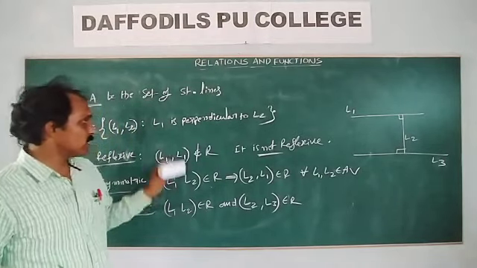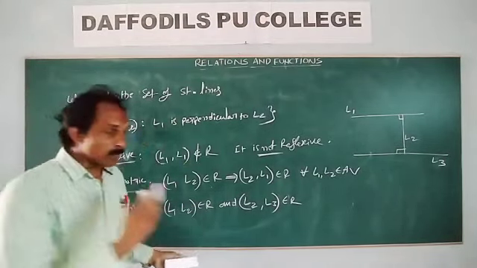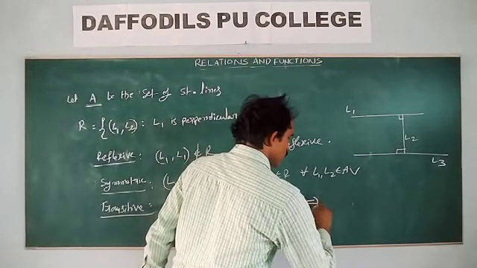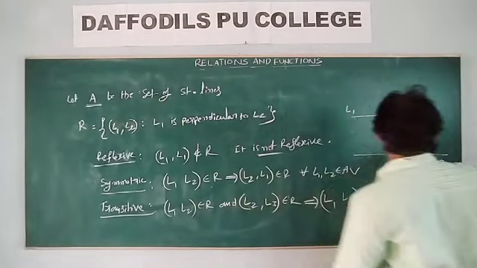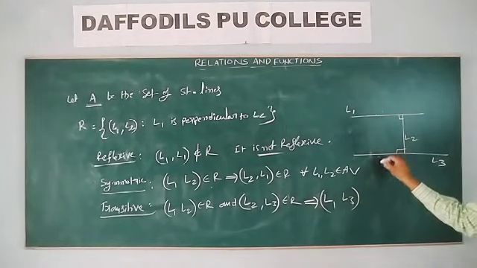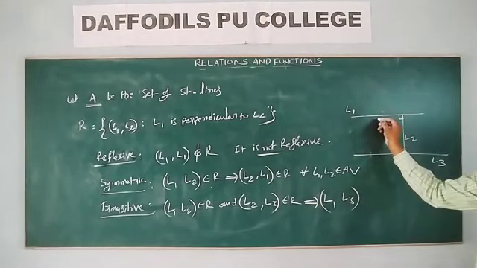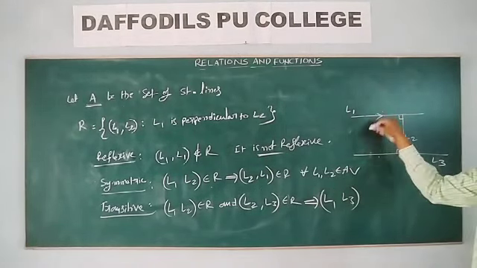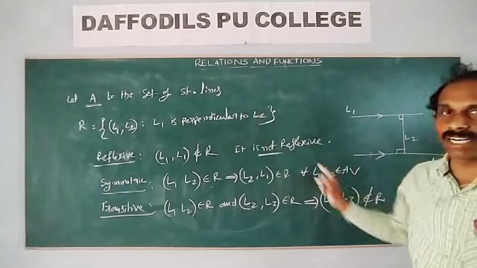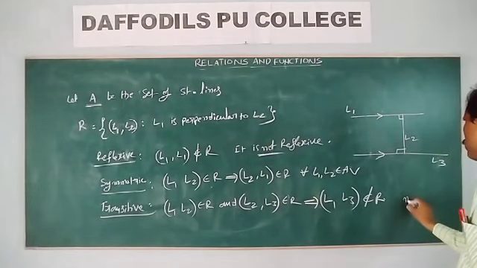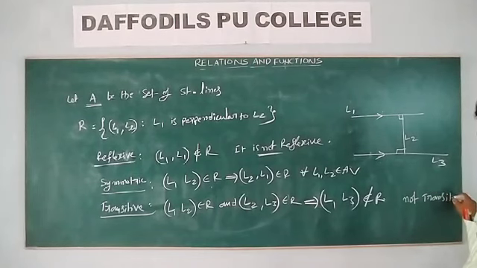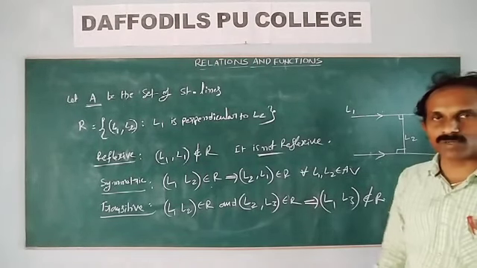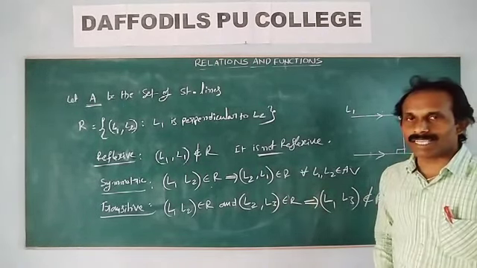This also satisfies. But what about (L1, L3)? Looking at this diagram, are they perpendicular? No, they are parallel. So it is not related by this relation. So not transitive.